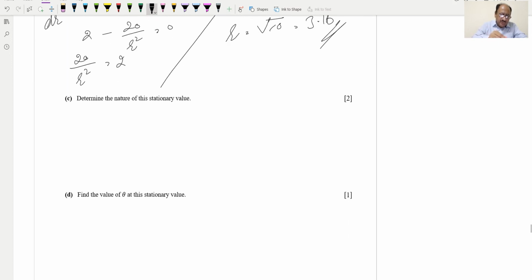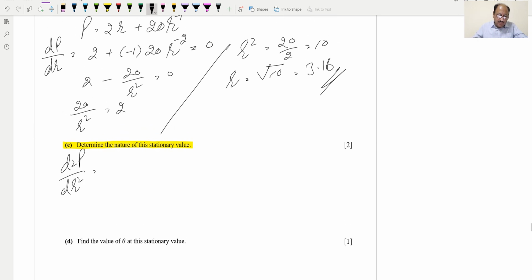Now for the C part: determine the nature of the stationary point. We will be taking the second order derivative d2P over dR square, which means taking another derivative of the derivative. The constant will be 0, then it will be minus 1 into minus 2 into 20 r raised to minus 3, and this will be equal to 2 into 20, so it will be 40.